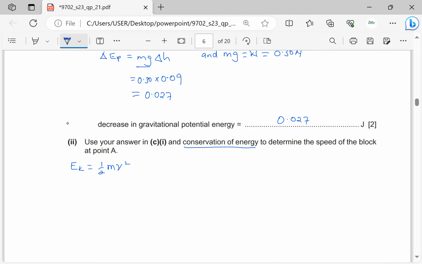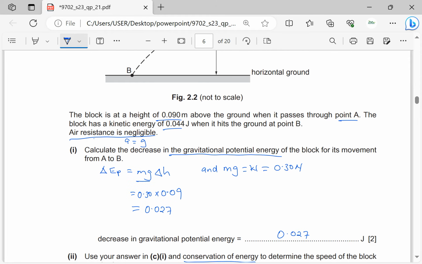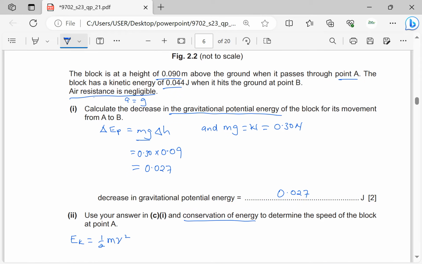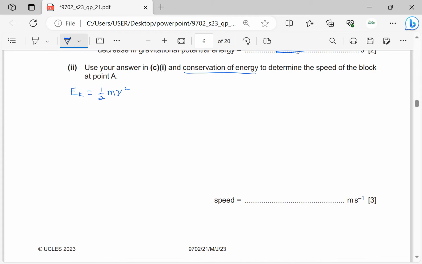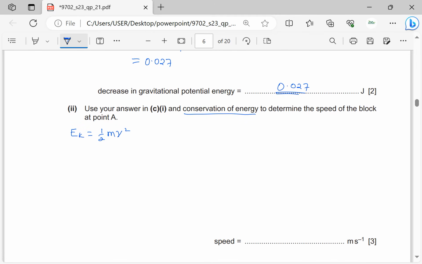So the potential energy it has lost from A to B must also have been converted into kinetic energy. But the kinetic energy it has at B is 0.044 joules. That means what has been lost as gravitational potential energy must have been the difference in kinetic energy between point A and B. So the difference between those two must be equal to the loss in energy.